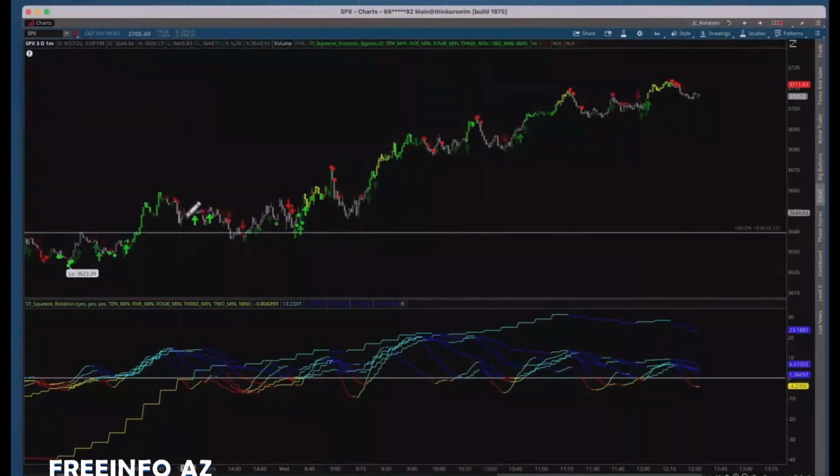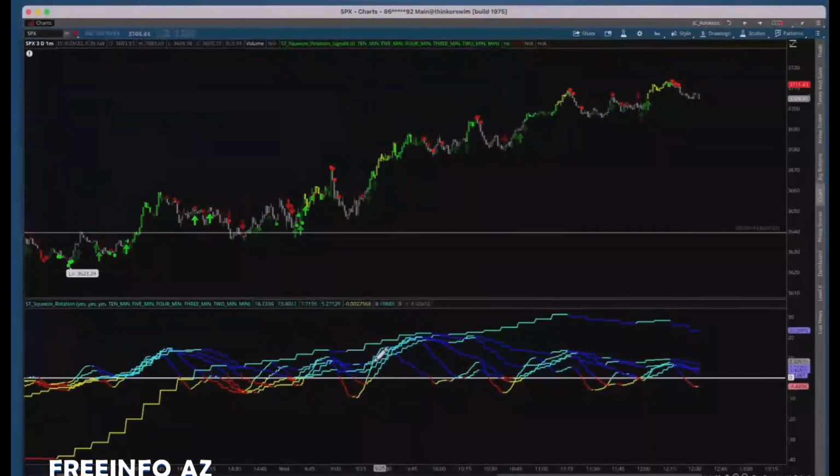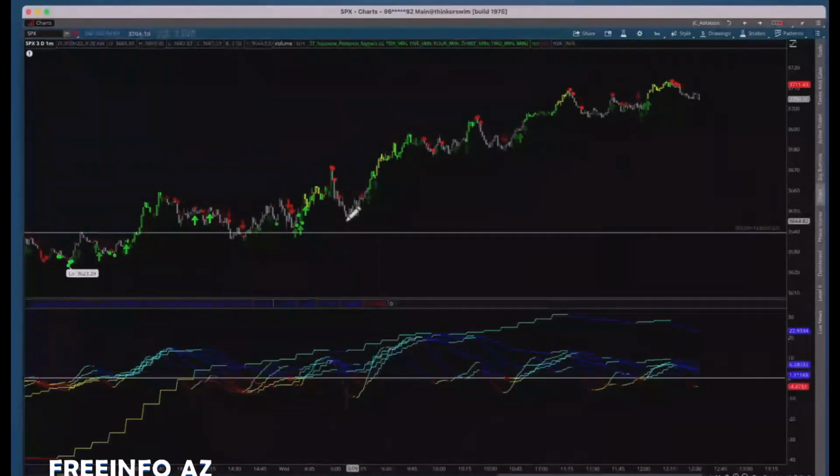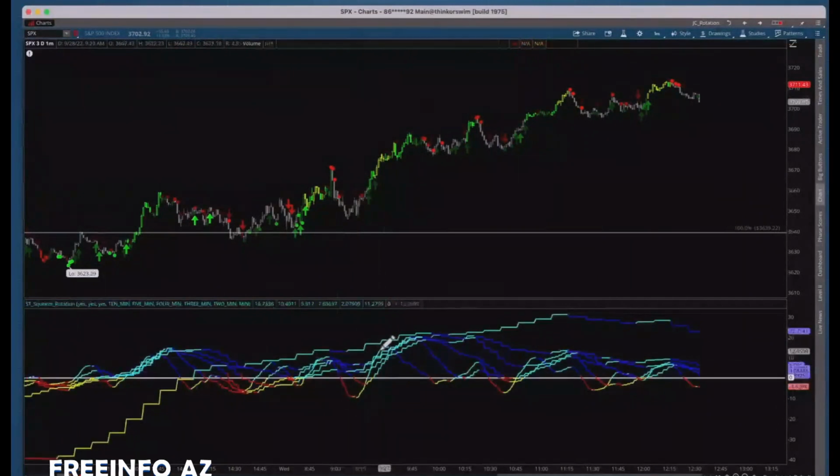So notice when price is moving sideways here, these candles are mostly gray, and that's because in order to color the candles, all of the oscillators have to be moving, in this particular case, up and above the zero line, as opposed to up and some below the zero line. That's what the zero line filter does. So you're only going to get candles when all the oscillators are moving in one direction and on that side of the zero line.